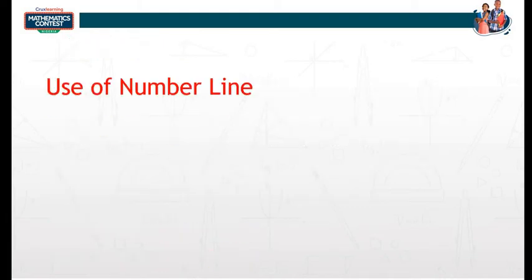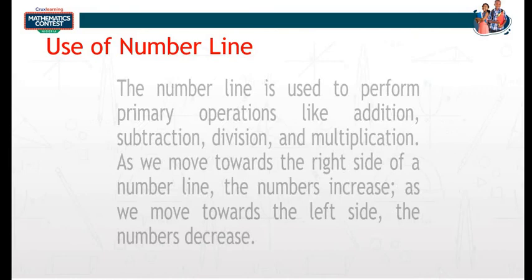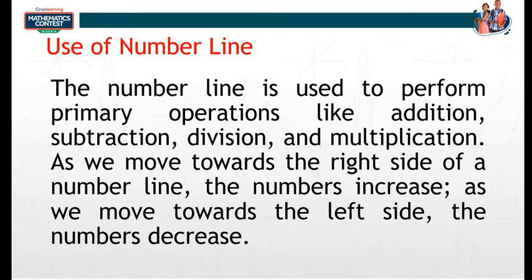We use the number line to perform primary arithmetic: addition, subtraction, division, multiplication. You can do all these on the number line. So by the time we get to that, you will learn it.